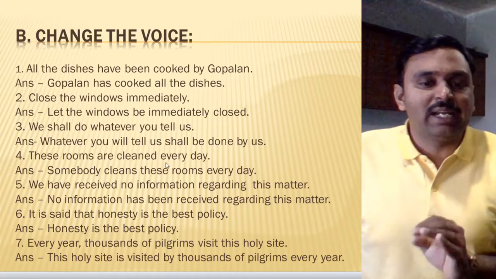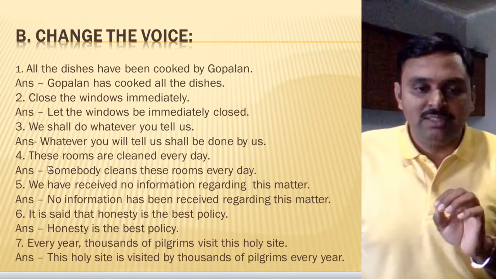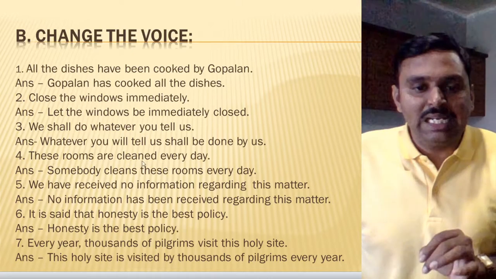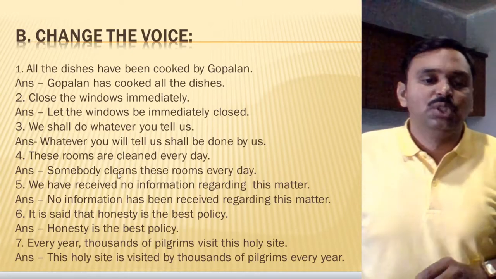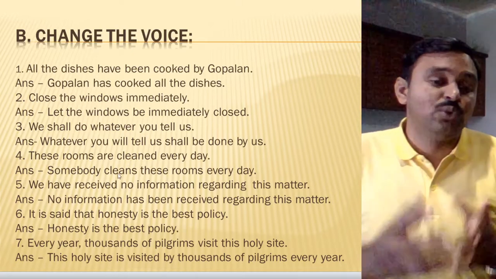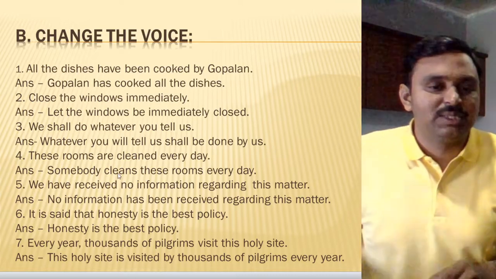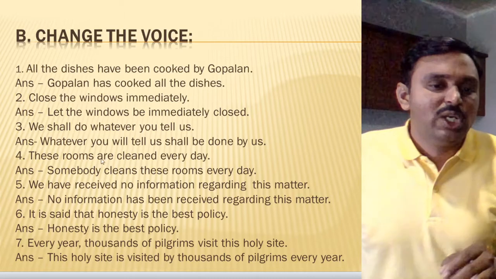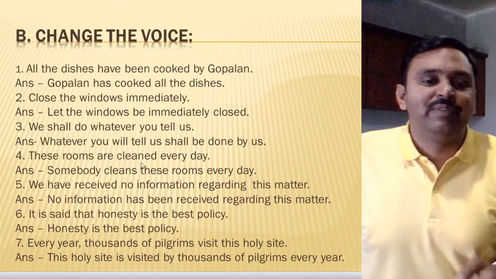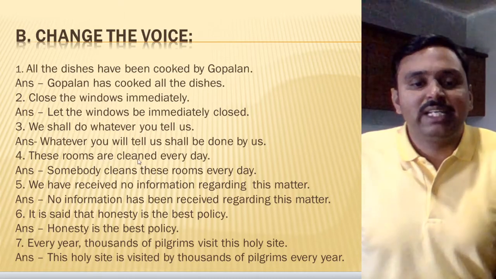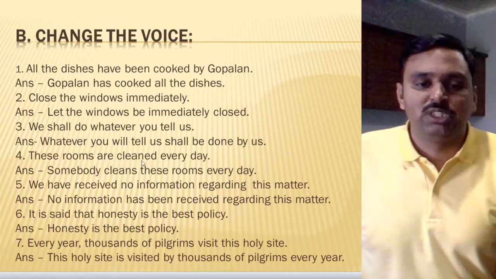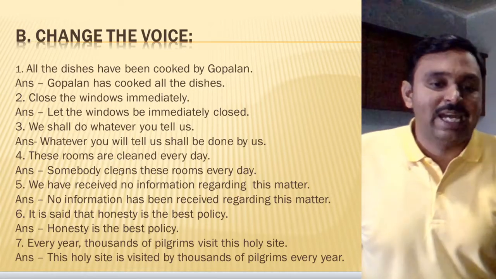These rooms are cleaned every day. These rooms are cleaned every day. So these rooms are cleaned, but who is cleaning them is not given. The subject is missing from the sentence. For that purpose, we write the to be form here, are, and the V3 form, cleaned. So it is an example of passive voice first. So we need to make it into active voice.